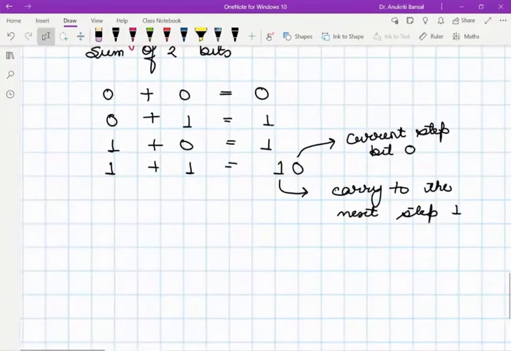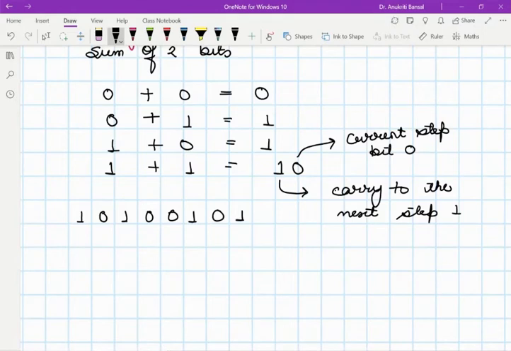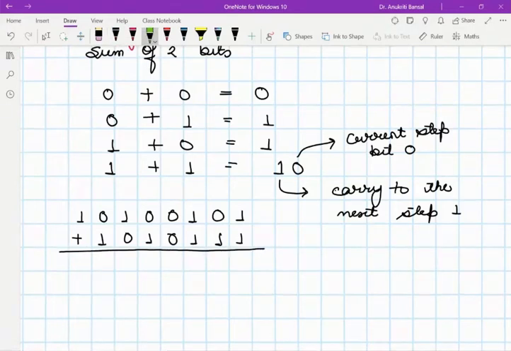Okay, let's understand this with an example. Suppose I have this number 1 0 1 0 0 1 0 1. This is 1, this is 1. 1 plus 1 is 0: current step bit 0 and carry to the next step is 1.